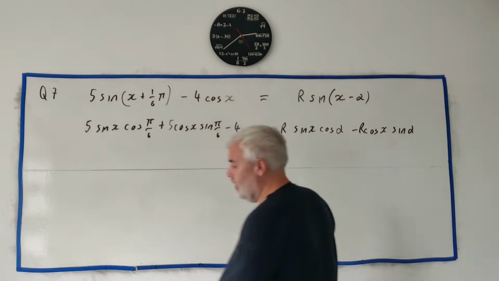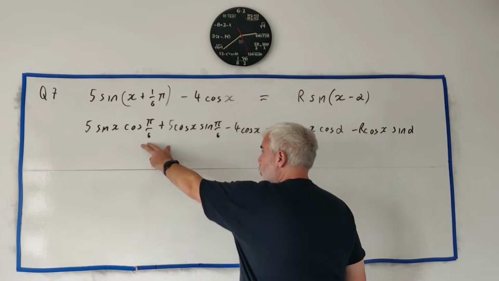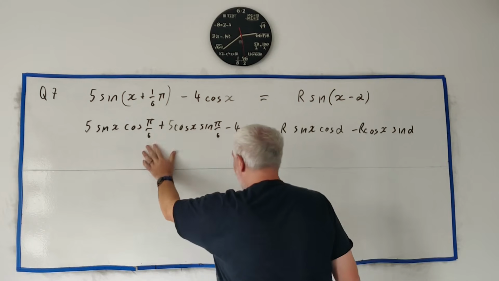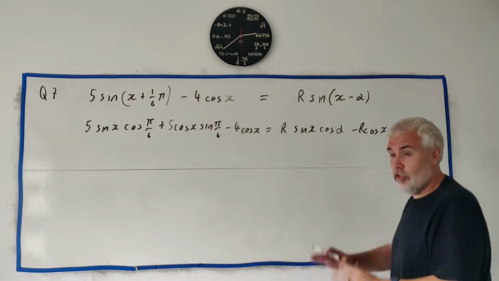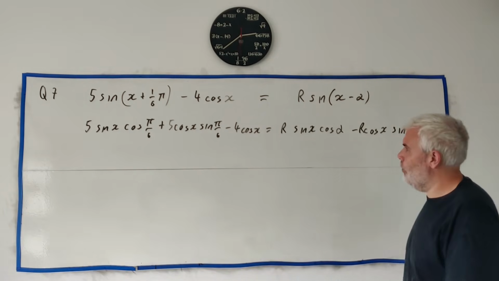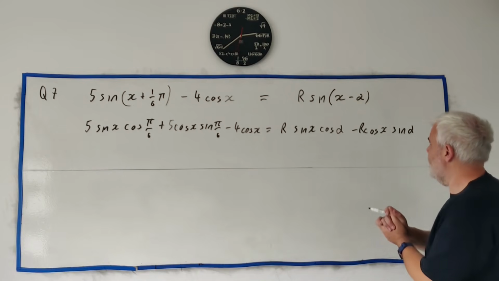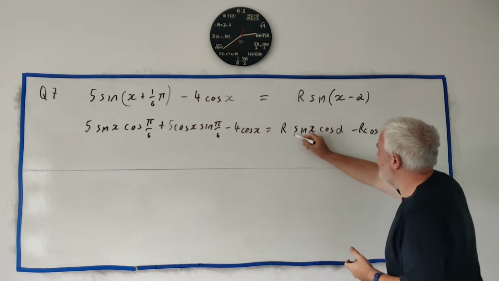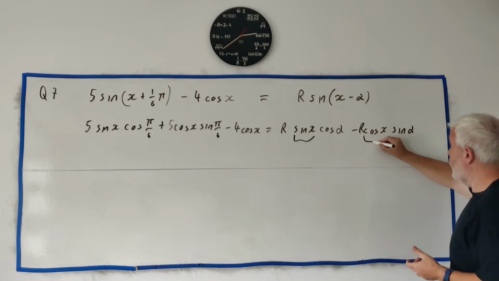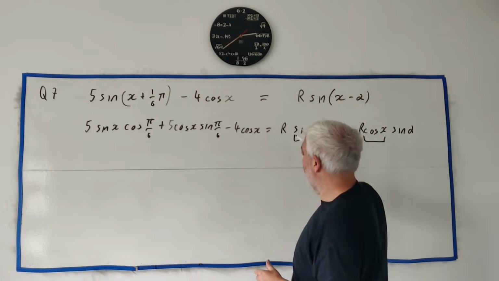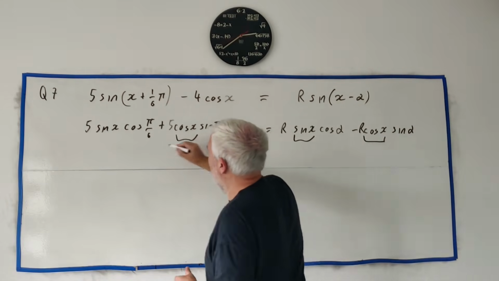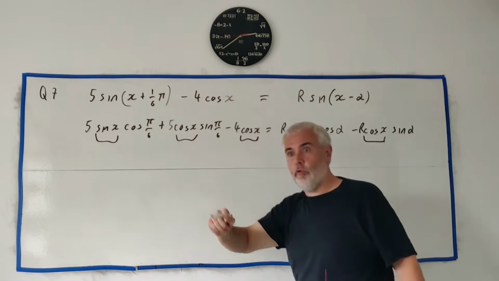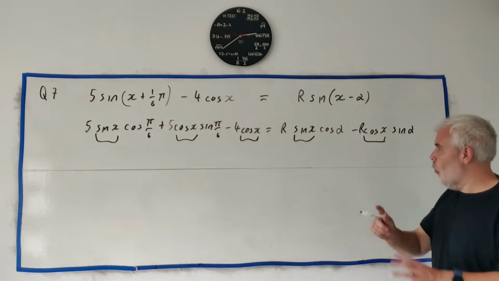Now remember, we can just put this into a calculator or look up a table of cosine pi over 6 and sine pi over 6. So they're just numbers. We'll put them in a few moments. What I want you to think about here is the sine x and the cosine x on both sides. The coefficients on each side should be equal.